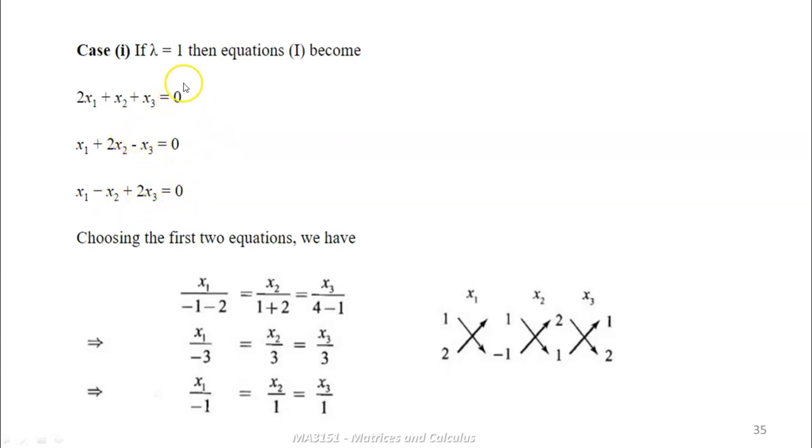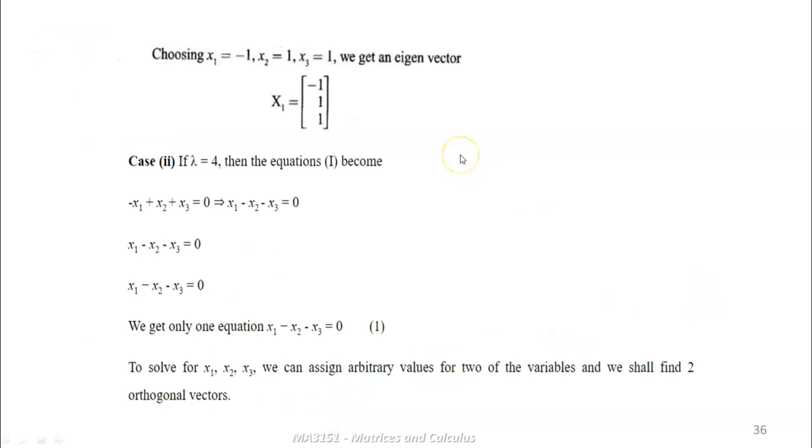Now you have to choose any two different equations. For that you have to apply the cross multiplication rule. After applying this rule, we get x1 divided by minus 1 equal to x2 divided by 1 equal to x3 divided by 1. Therefore, the first vector is minus 1 1 1.